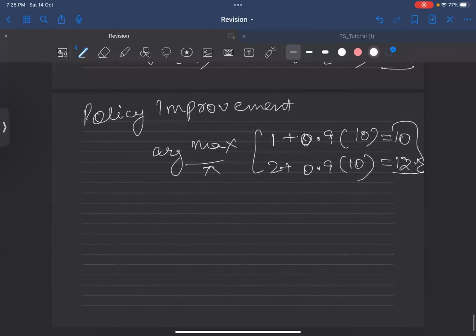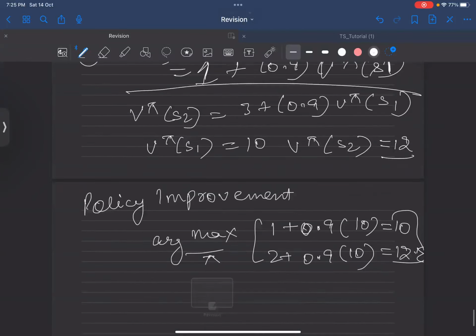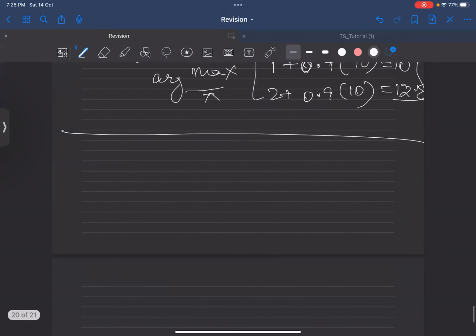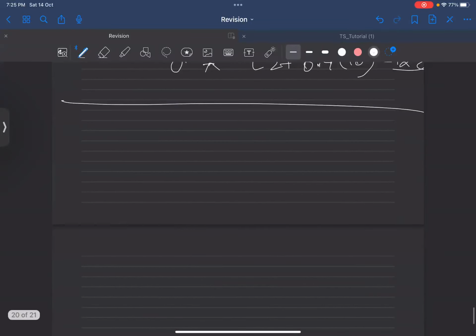Now, proceeding forward, we have done these approaches. Now, what is value iteration? What is policy iteration? We got to know. Now, coming to the other concepts, RTDP, real-time dynamic programming, and generalized policy iteration, both of them.